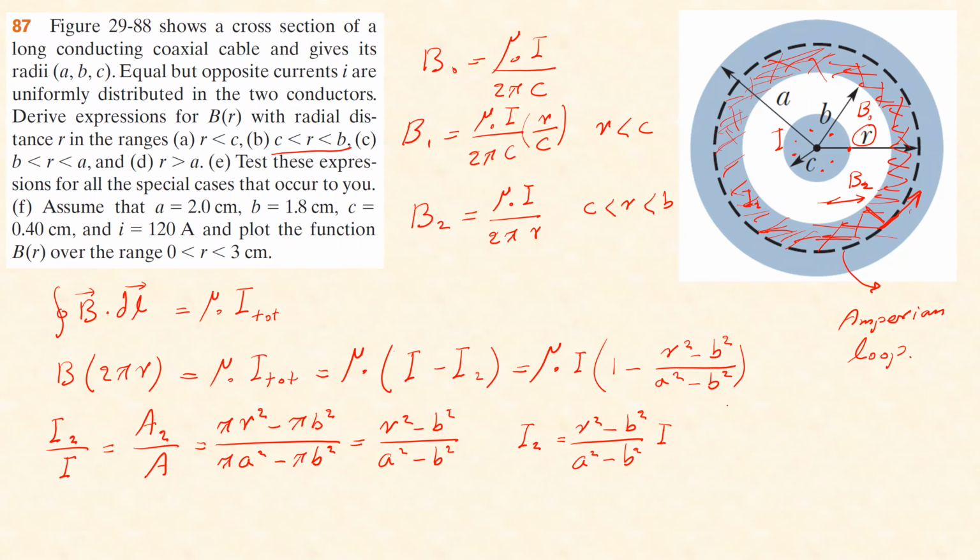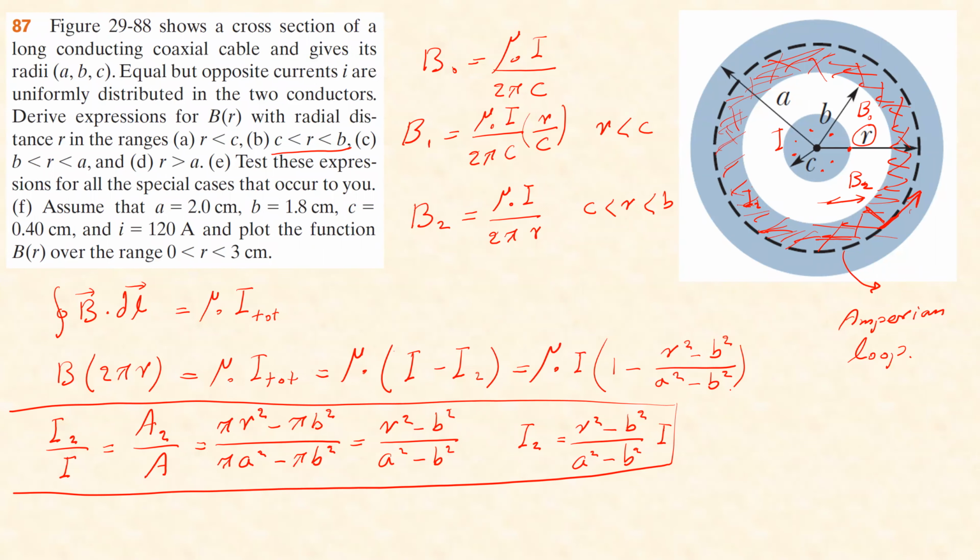So let me separate this now. So here, 2 pi r B becomes mu naught I. If you make a common denominator here, 1 becomes a squared minus b squared divided by a squared minus b squared. So we have a squared minus b squared minus r squared plus b squared. So it becomes a squared minus r squared.